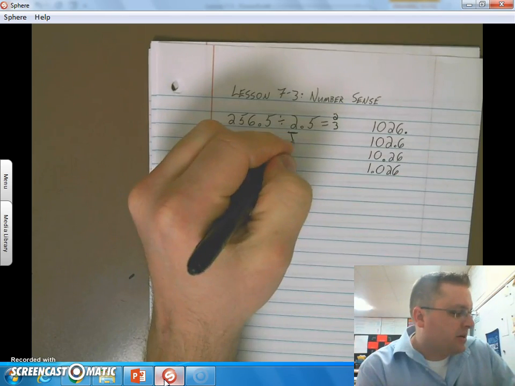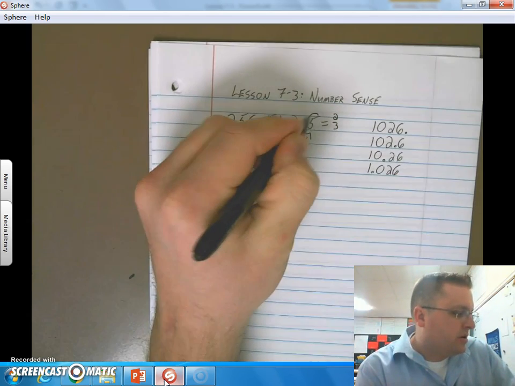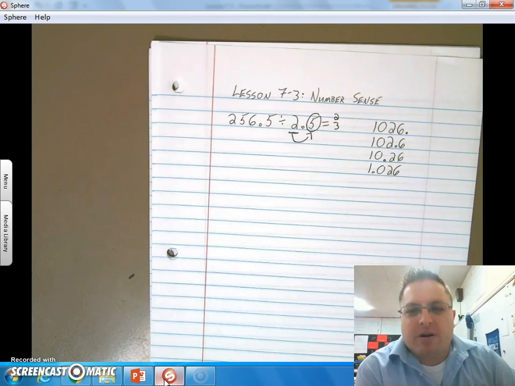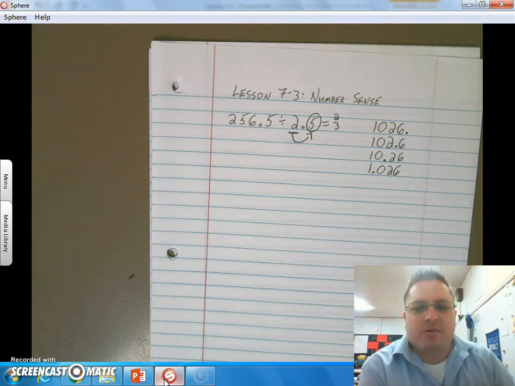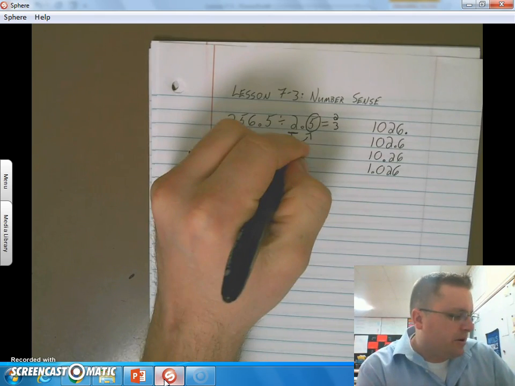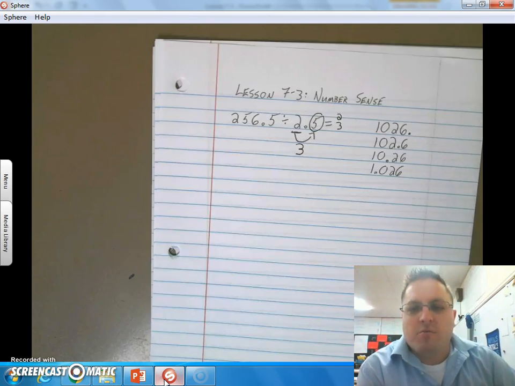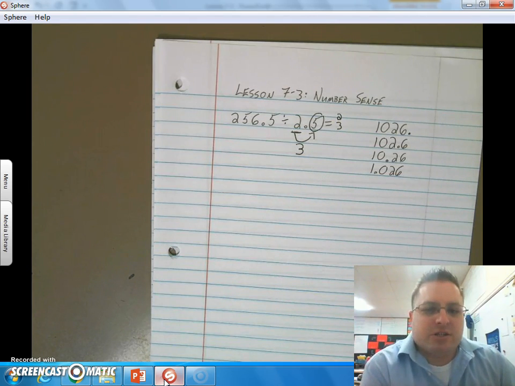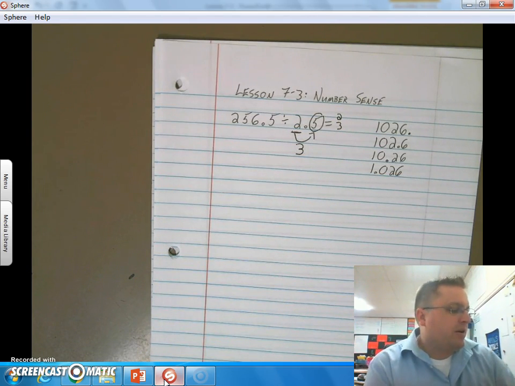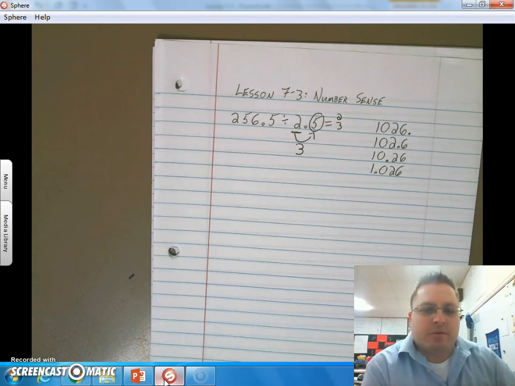And when I look next door, I really should round up to 3, because the 5 is halfway between 2 and 3. So I'm going to go ahead and do that. 2.5 is about 3. Step 2 that we learned yesterday was we are now going to make our dividend a compatible number.